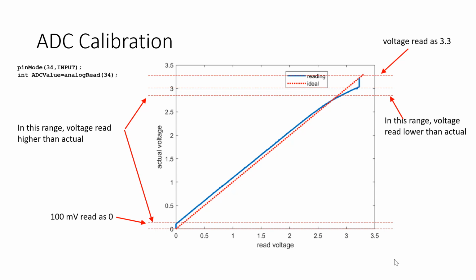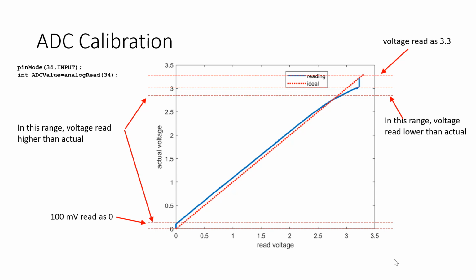Okay? And then once you get past 100 millivolts, between this dotted line on the vertical axis up to this dotted line, which is roughly 2.8 or so volts, the voltage you read is going to be greater than the actual voltage, right?